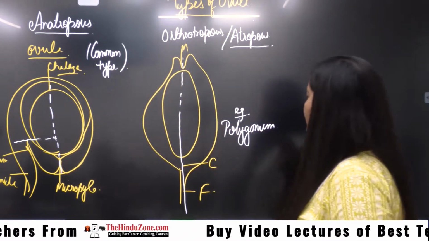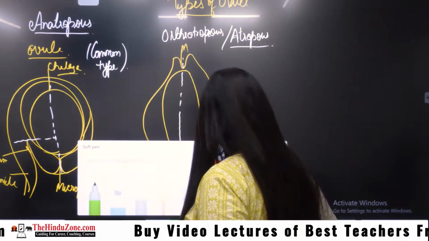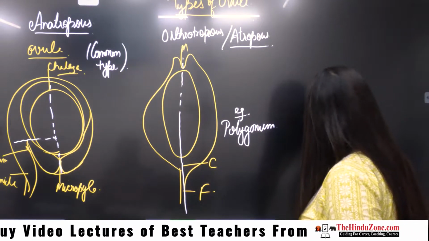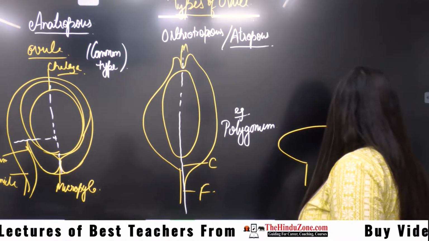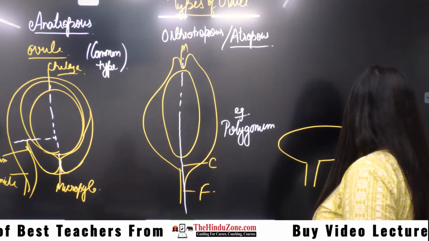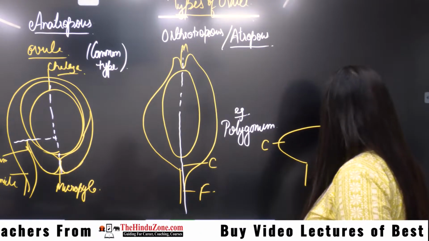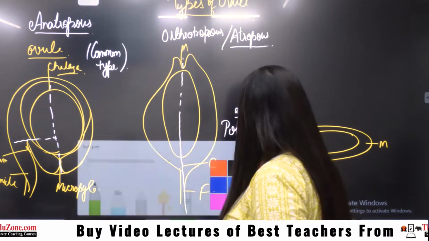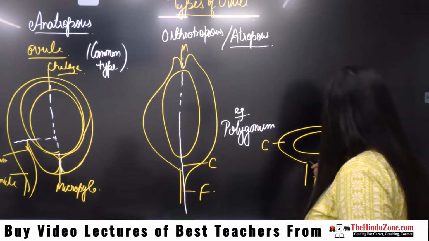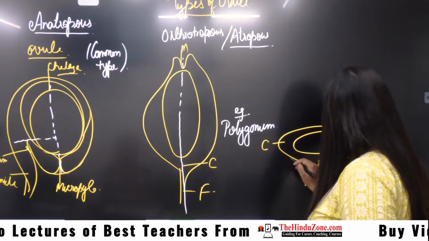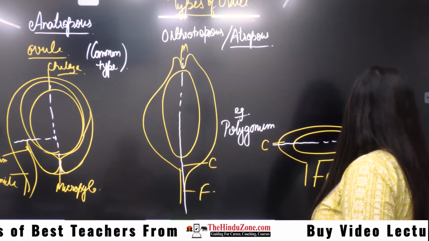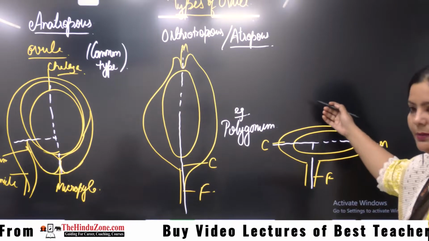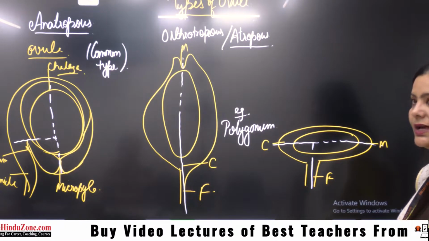Just check how it is changing shape. There is another category, again with funicle and ovule. At one end the micropyle, at the other end the chalaza, and this is the funicle. You are watching that it is placed at 90 degrees above the funicle. The micropyle and chalaza are in one line, but it lies perpendicular to the funiculus.